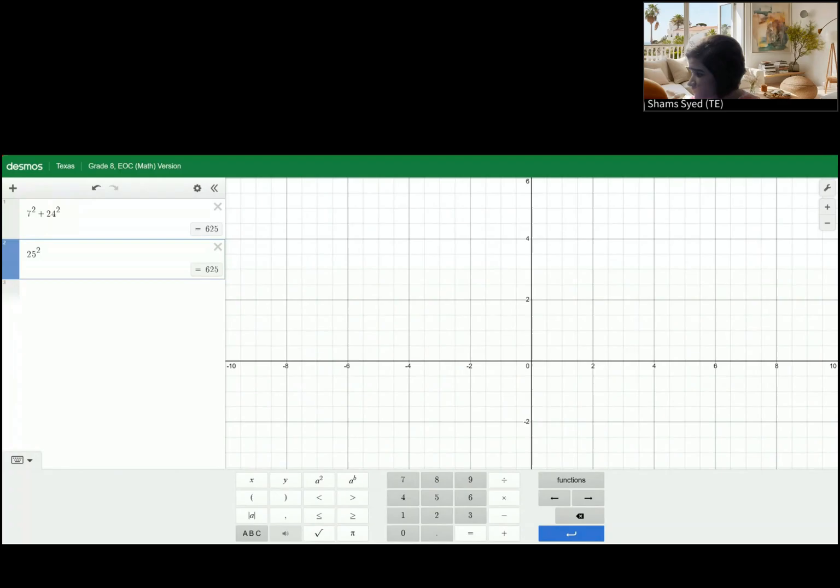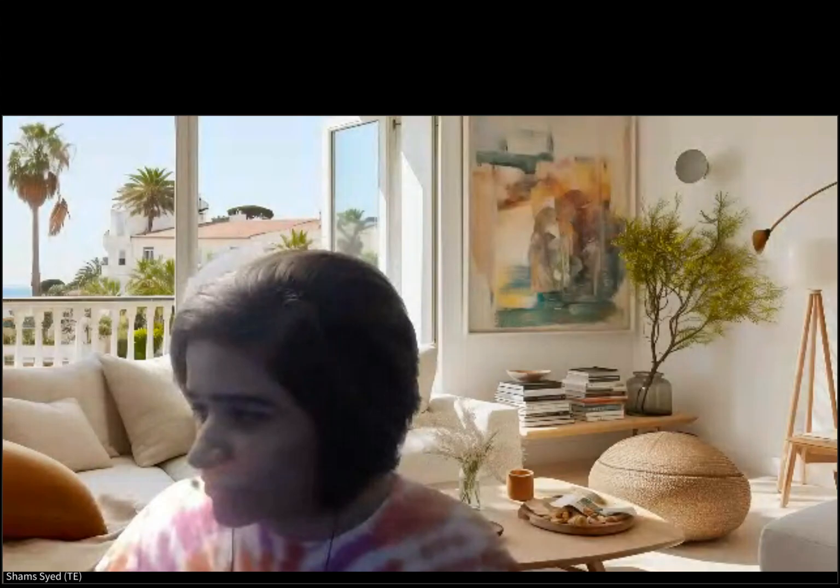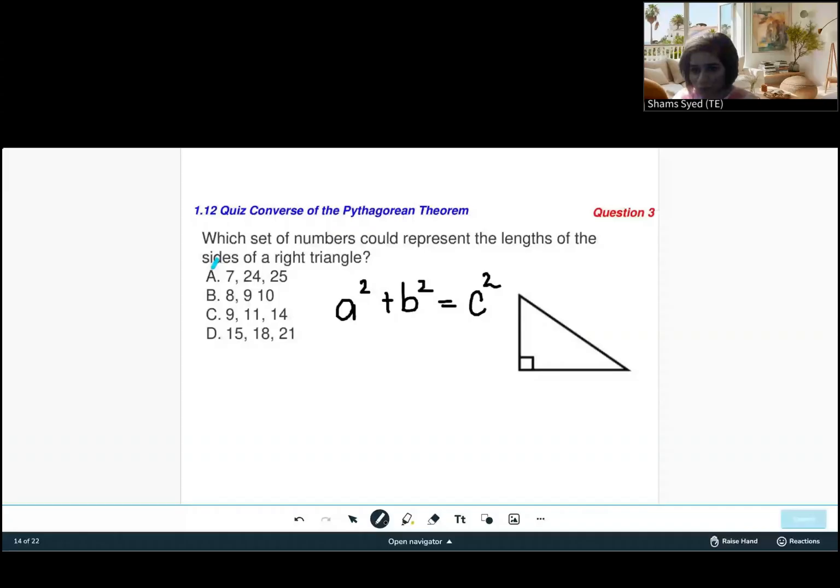I did not even have to try other answers. 7, 24, and 25 are a right triangle. That is the right answer. So we did not even have to go to other ones and we can just pick A. If this is side 7, this is side 24, that will be a side 25. It will be a right triangle.